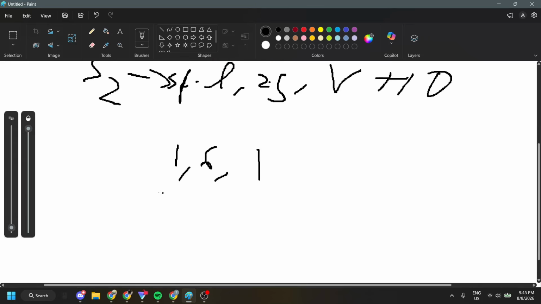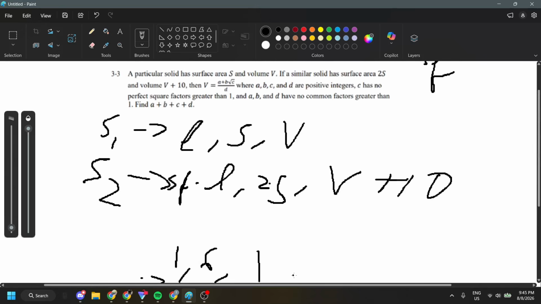Then let's say we change this to 2. So now it's 6 times 4, which is 24, and then our volume is 4. So if we times 2 this, we times 4 this, and we times 4 this.